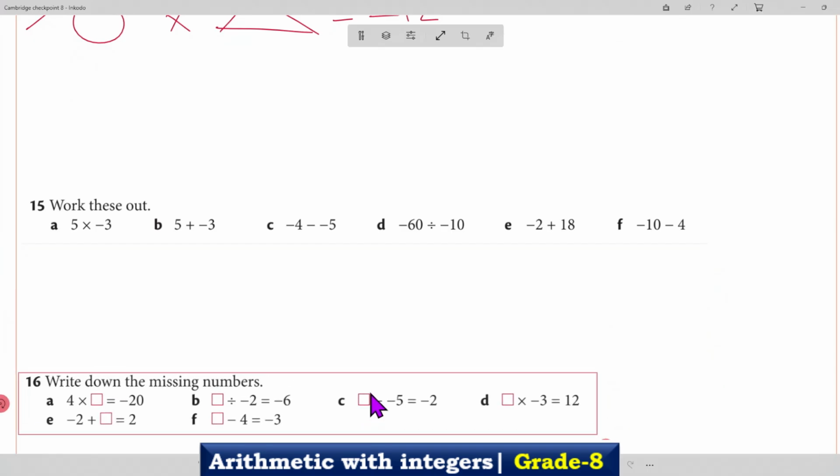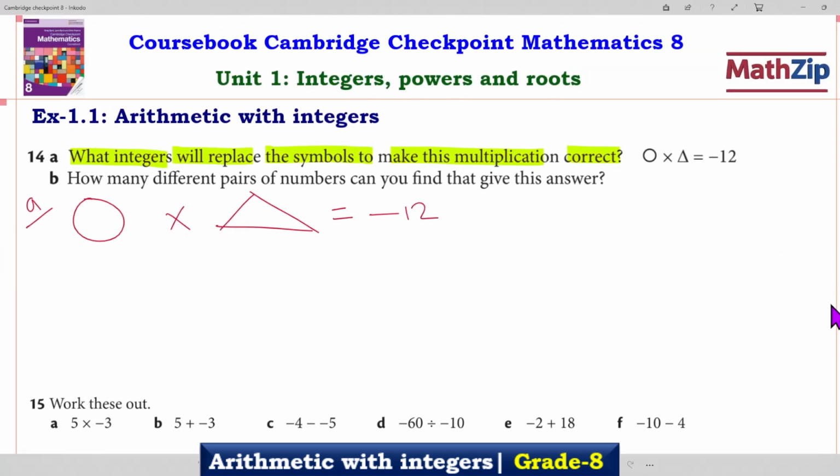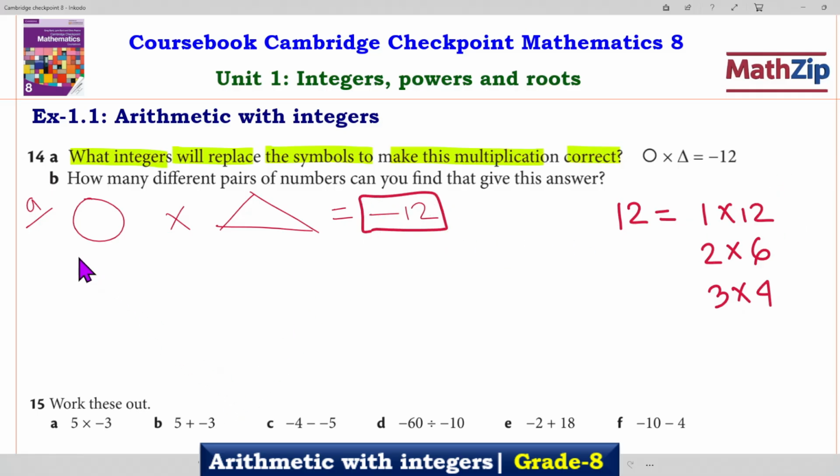to find out the factors of 12. How? Look, 12 we can write 1 times 12, right? Then 2 times 6, and then 3 times 4. Okay, so our result is minus 12. So this case we can write 1 times minus 12, it will be minus 12.